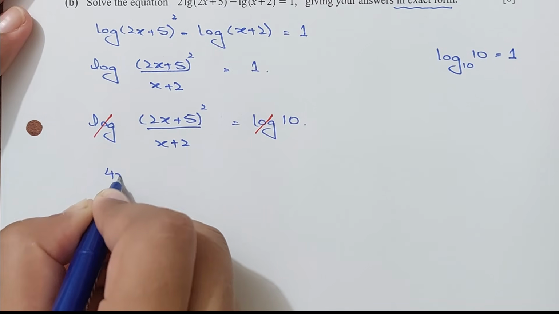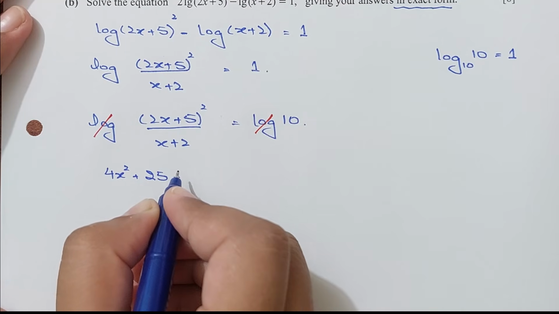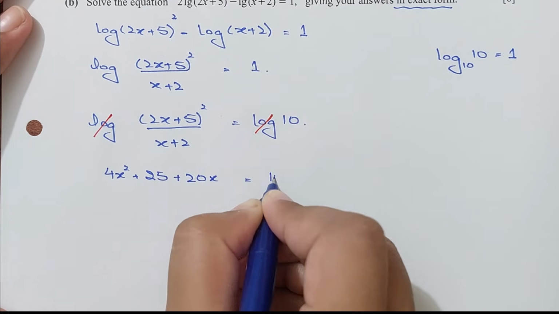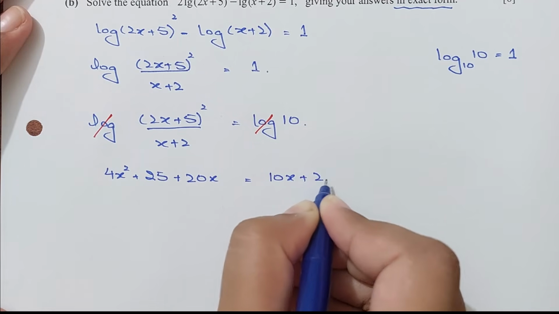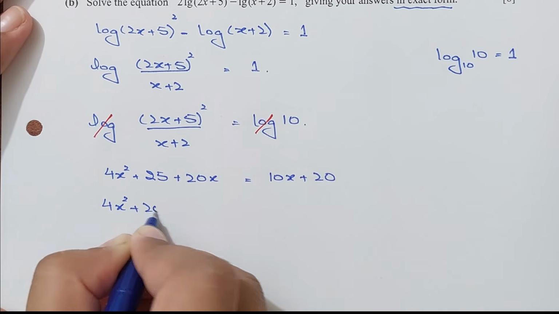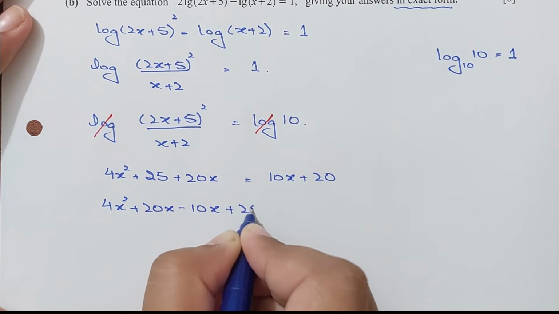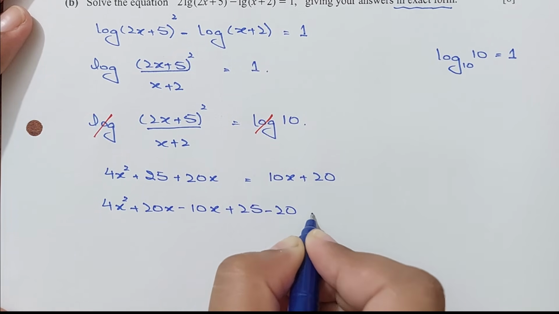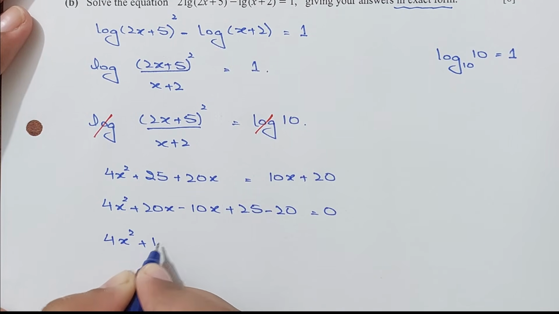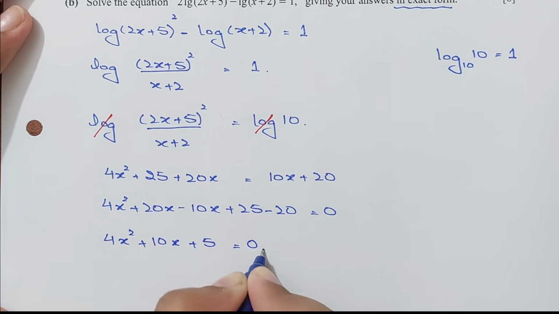So we have 4x squared plus 25 plus 20x, this would be equal to 10x plus 20. Shifting all the terms to the left side, 4x squared plus 20x minus 10x plus 25 minus 20 equals 0. So we have 4x squared plus 10x plus 5 equals 0.